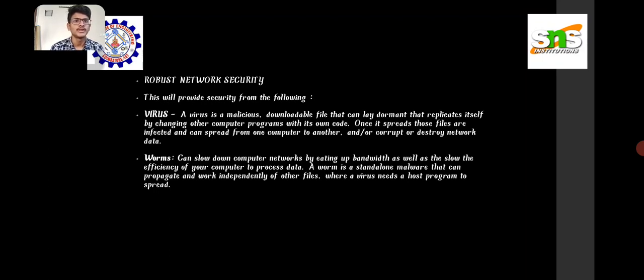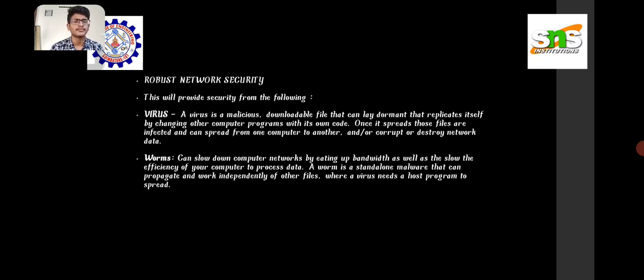Once it spreads, these files are infected and can spread from one computer to another and corrupt or destroy network data. It can also be installed from a third-party source onto a computer without your knowledge. Worms. They can slow down your computer networks by eating up bandwidth, as well as slow down the efficiency of a computer to process data.